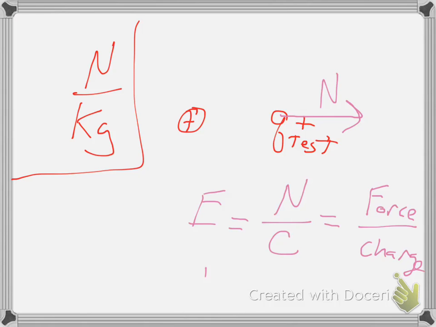The short abbreviation is E equals F on Q, and again, it's commonly written as Q test. So we can define an electric field by putting a test charge in the presence of a field and seeing how much force is acting on it, just like we would do with gravity.